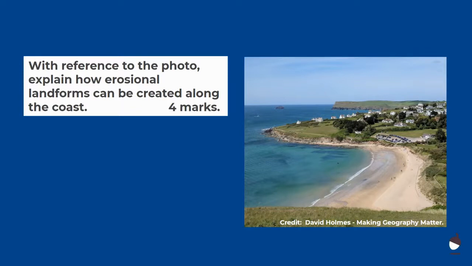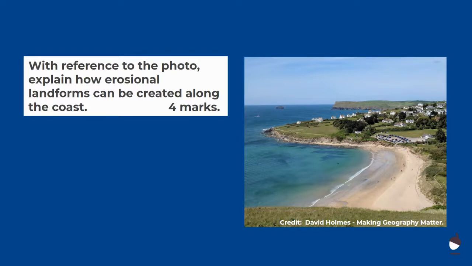Big task now for you. So with reference to the photo, explain how erosional landforms can be created along the coast. So hopefully now you'll be able to tell me which 2 landforms you can see in this image. Tell me now out loud. Yes, we've got 2 headlands and we've got 2 bays.